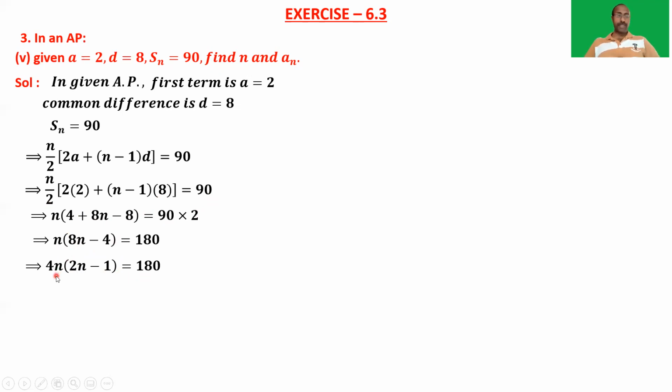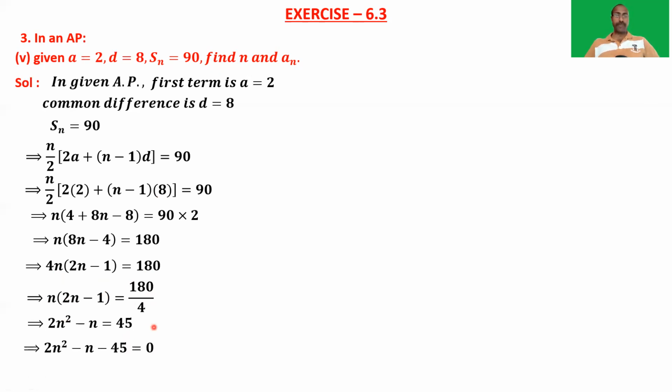By transferring this 4 to the right side, n into (2n minus 1) is equal to 180 by 4, and 180 by 4 is equal to 45. So now 2n square minus n is 45, and by transferring this 45 to the left side, we have 2n square minus n minus 45 is equal to 0.